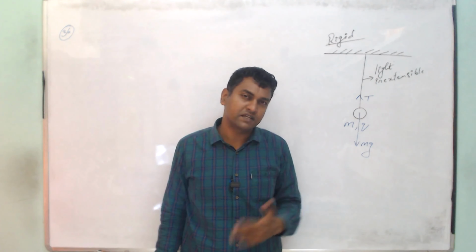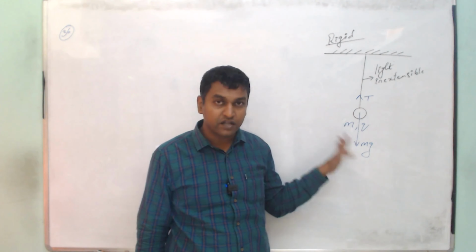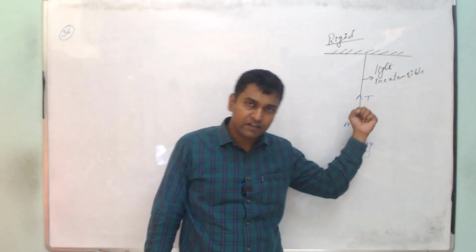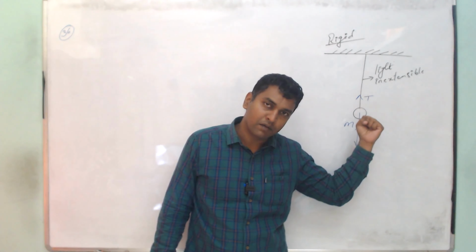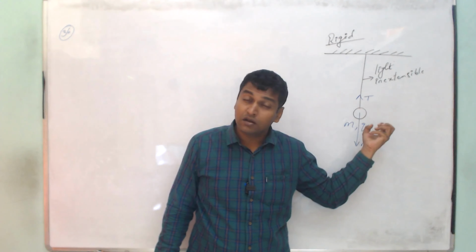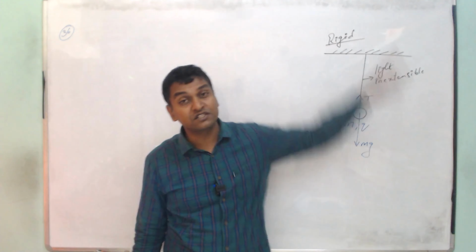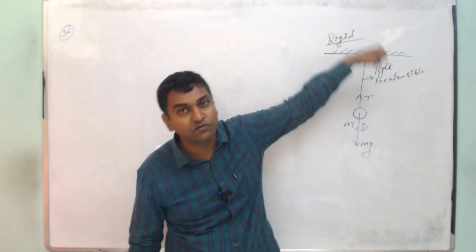That's why I'm saying it is a generated force. In this situation, gravity is applied on the mass m in the downward direction. The ball should not fall downwards. Therefore, the string is going to apply a tension force in the upward direction.